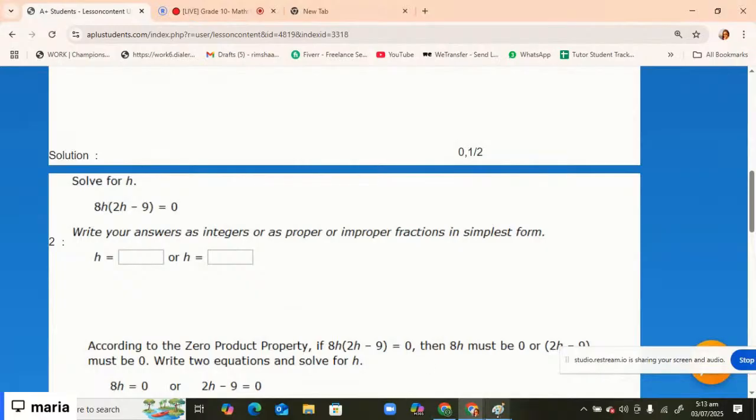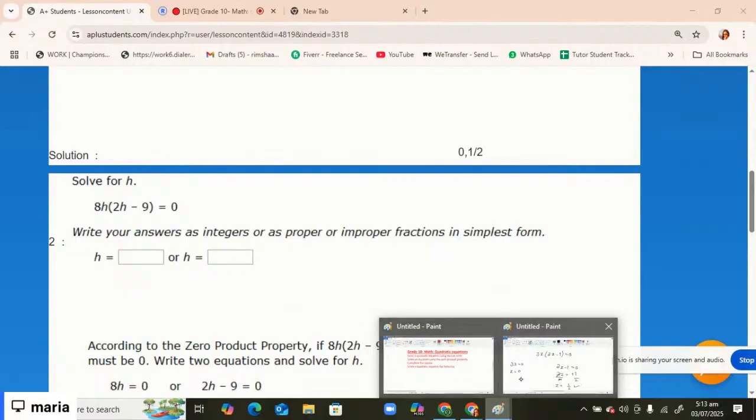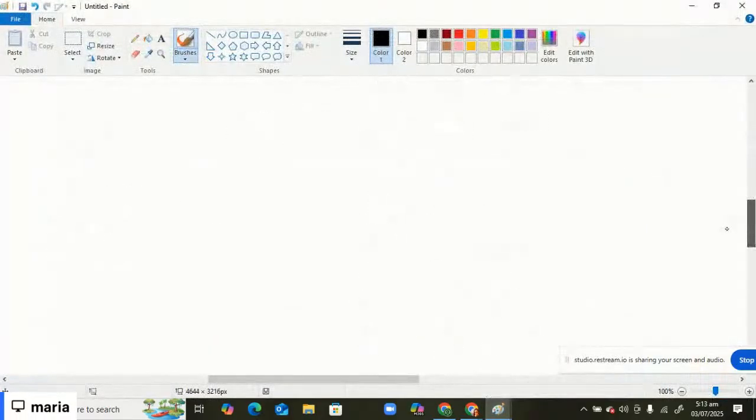Now you guys solve this one. 8h(2h − 9). So how can we solve it?